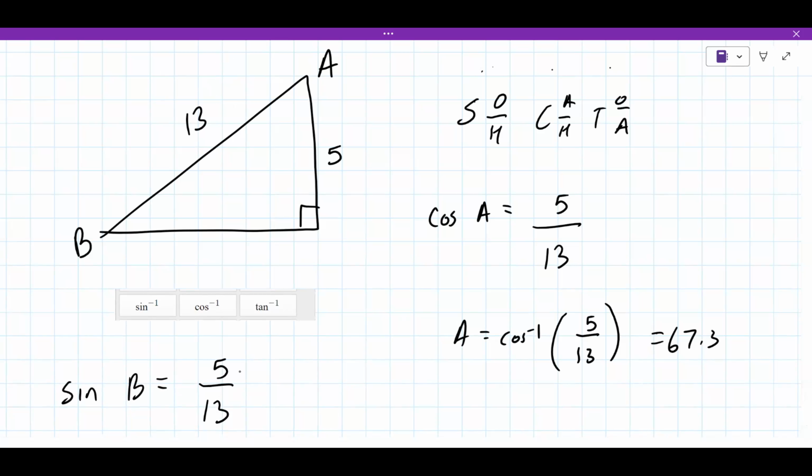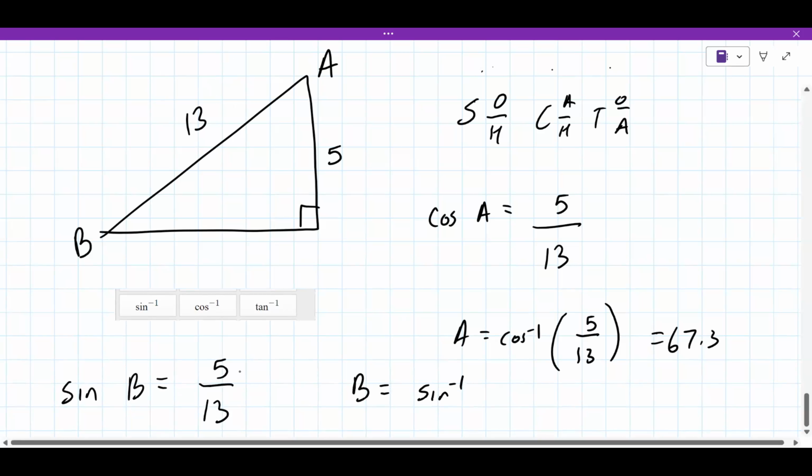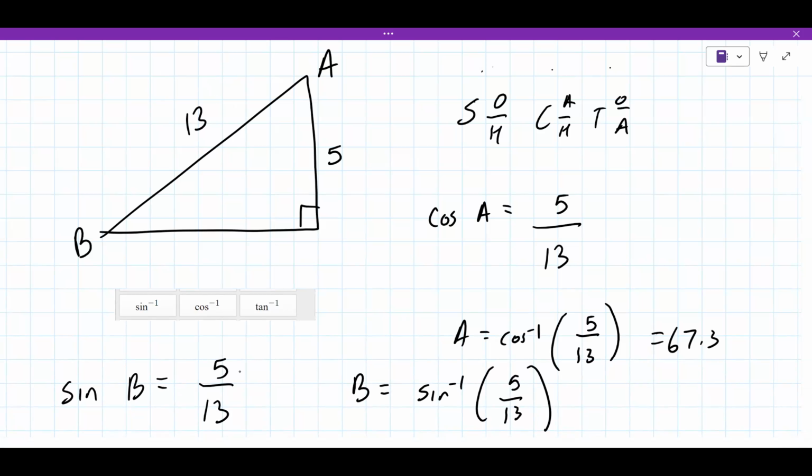So B is the sine inverse of 5 over 13. I'd like you to go to the calculator and calculate that.